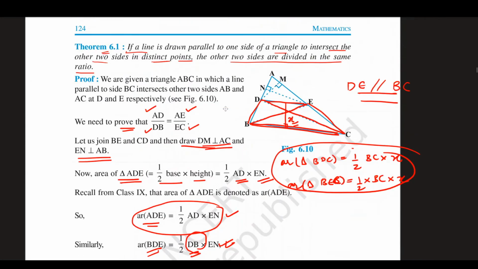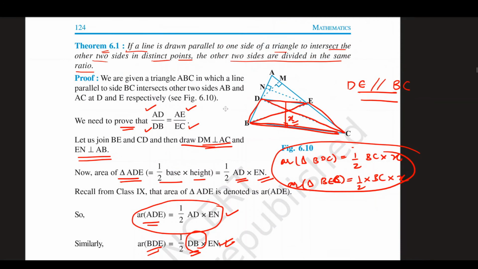Yes, it is DEC. In this, the base is not BC.